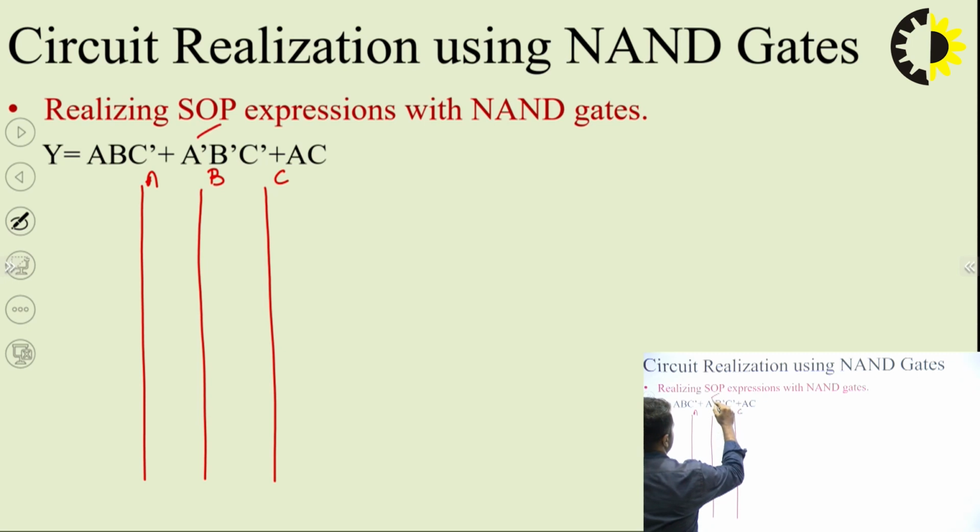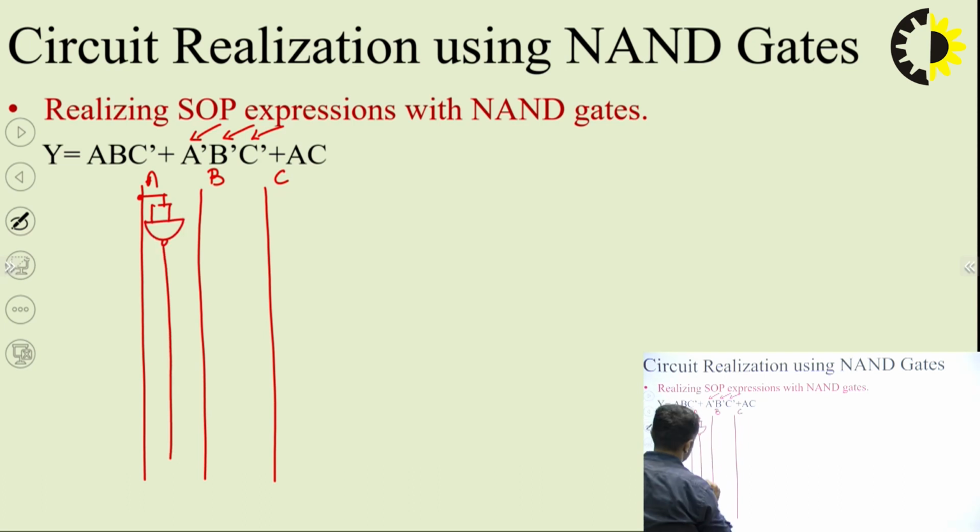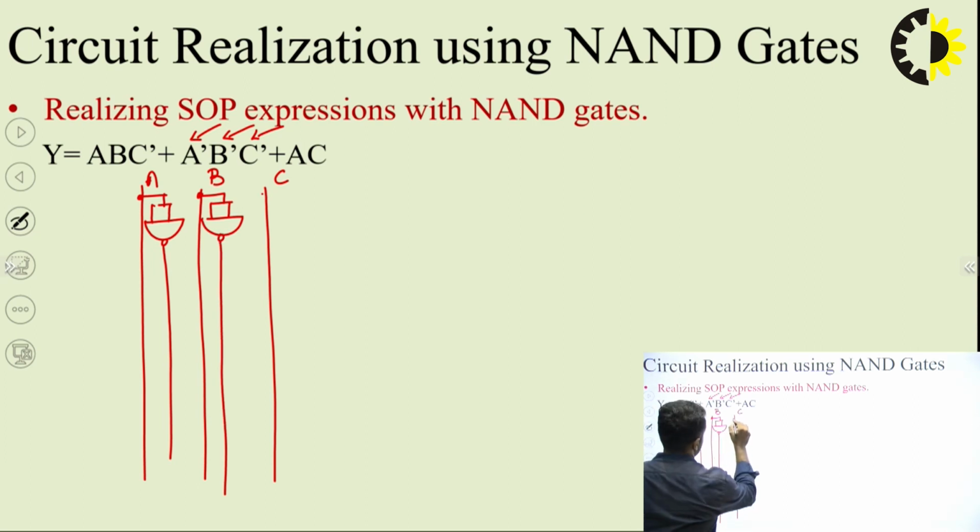Here you can see A bar is required, here B bar is required, C bar is also required. So preparing the complemented version using NAND gates only. So these are the inverters based on NAND gates. Similarly for B bar, similarly C bar.